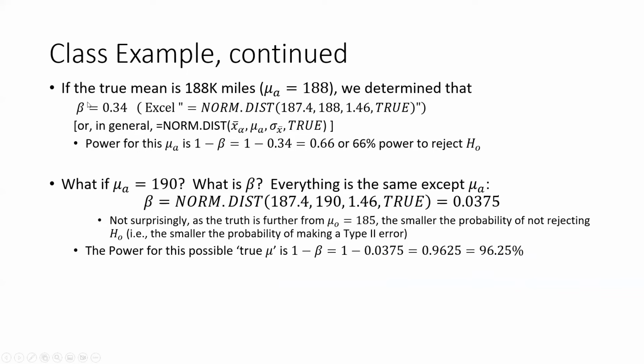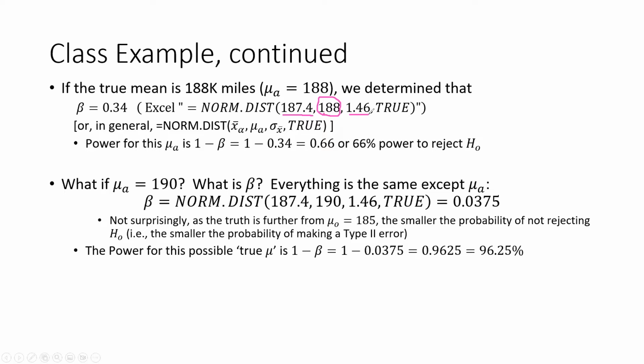So in our class example, if the true mean was 188,000 miles, we determined that beta was 0.34. And the way we did this is we put into the Excel function norm distribution the value that we cared about, that 187.4. This is where we put in the mean that we are checking. What happens if this is the truth?